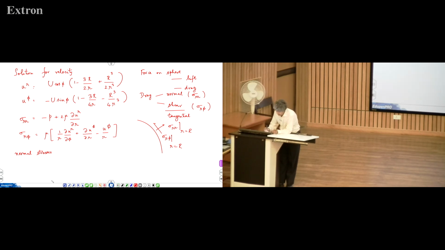Normal stresses will give rise to what is called form drag, equal to the integral from 0 to pi of sigma rr at r equal to capital R, times 2 pi r.